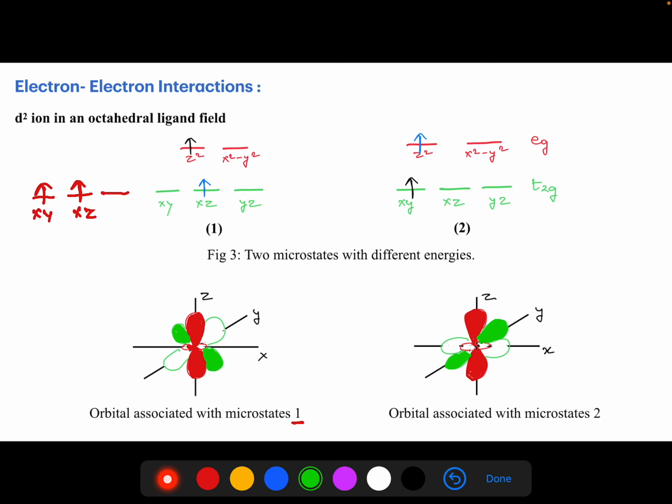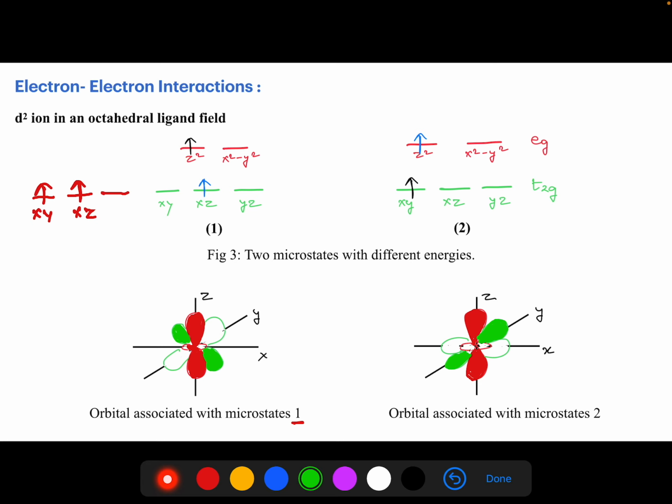So the complex will absorb different wavelengths of light for these transitions, and this is in contrast to what ligand field theory predicts. To find out the total number of absorption bands, we have to predict the total possible microstates for the d2 ion configuration, for example the one we have taken.